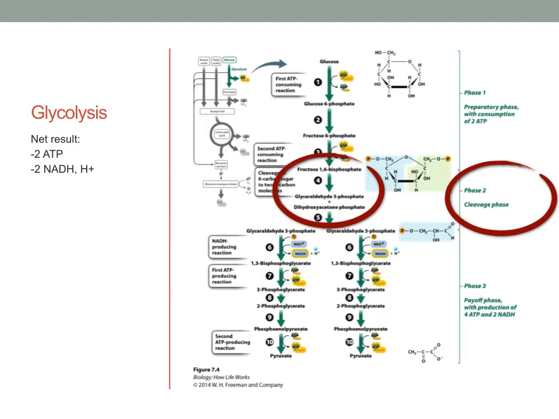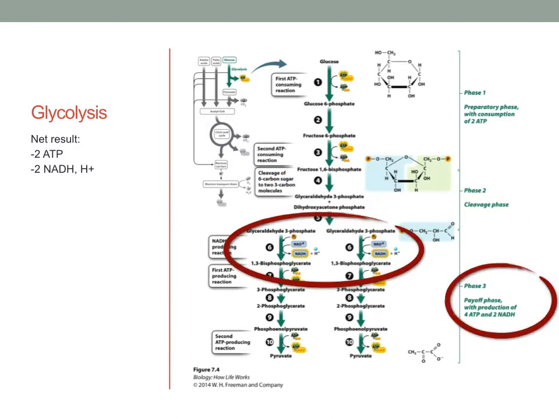The dihydroxyacetone phosphate will be converted into the glyceraldehyde 3-phosphate, so they will become the same molecule. It is just that you have two copies of each of the molecules. So now everything that we will mention will be doubled because we have two of these molecules.